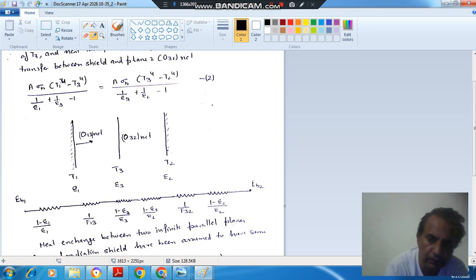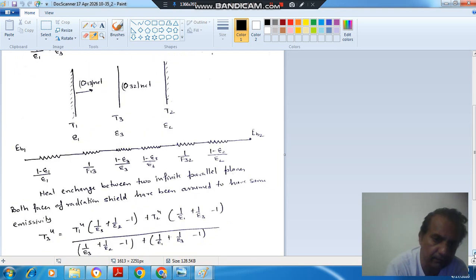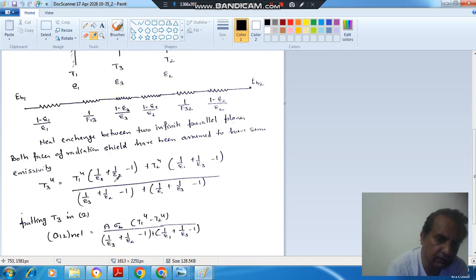Solving for T3, we will get T3^4 as T1^4 bracket (1/epsilon 3 plus 1/epsilon 2 minus 1) within bracket, plus T2^4 bracket (1/epsilon 1 plus 1/epsilon 3 minus 1) within bracket, divided by this factor plus this factor. Okay, so this is the expression for T3.